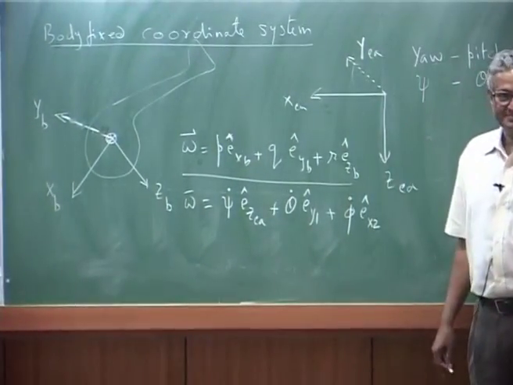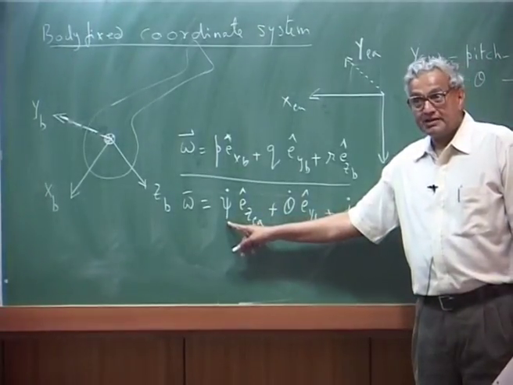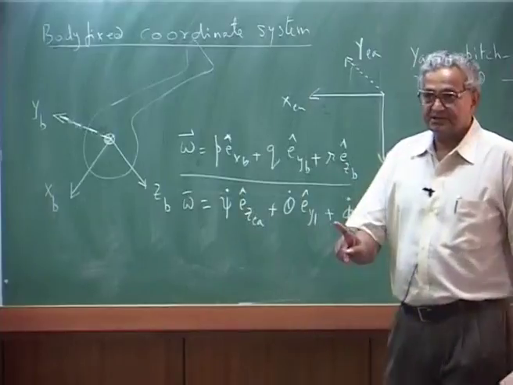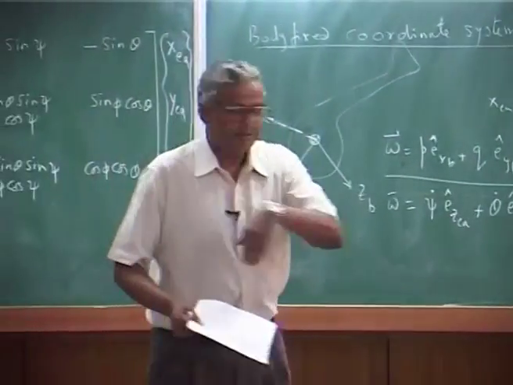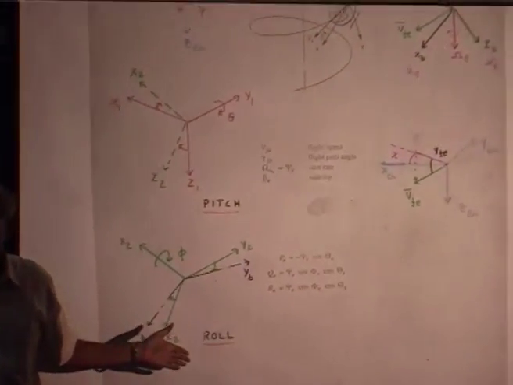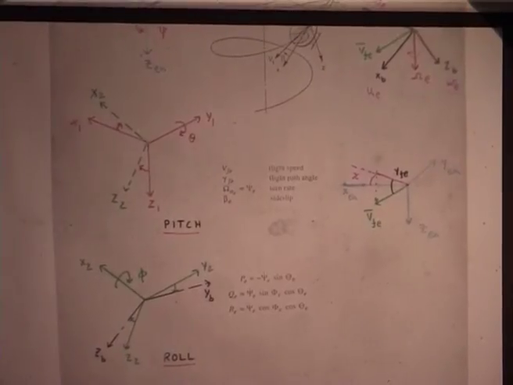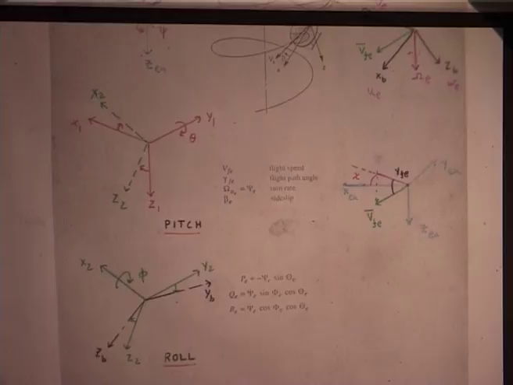Okay. These are the time rate of change of orientation of the vehicle as defined by my yaw, pitch, roll sequence. Because yaw is about the z earth, and this is about the rotated y1.